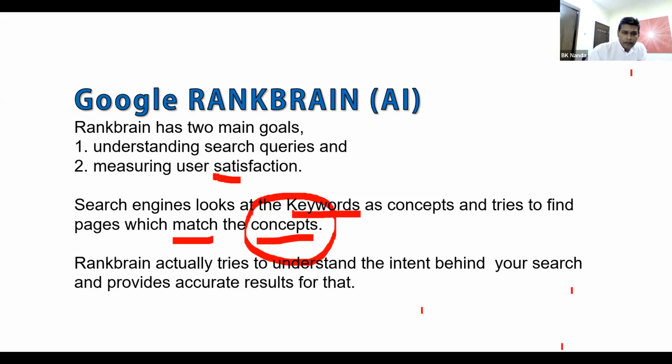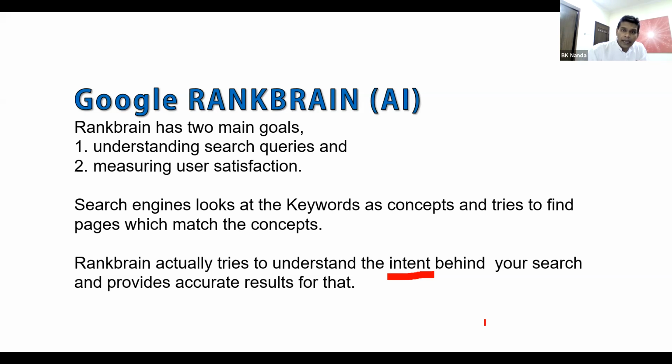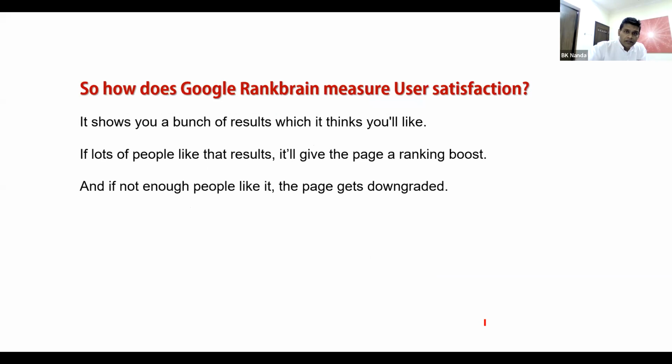Okay. All right. So that's what I've been trying to say. RankBrain, Google's search engine, is trying to understand the intent. It's trying to think like a human. That's what they're trying to create. So now, how does it measure user satisfaction? Just like what I told you, it's going to suggest a bunch of results. And if people like that result, it's going to place your web page right at the top.